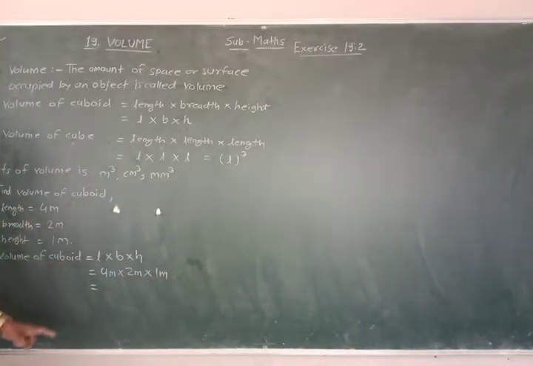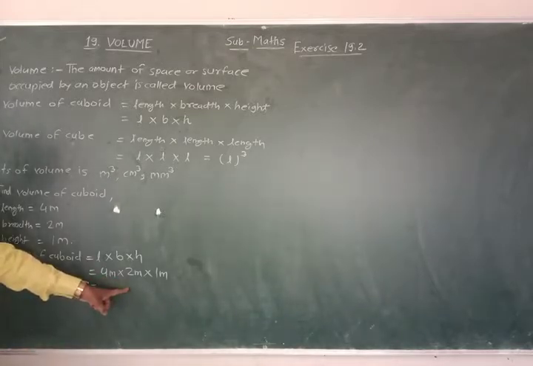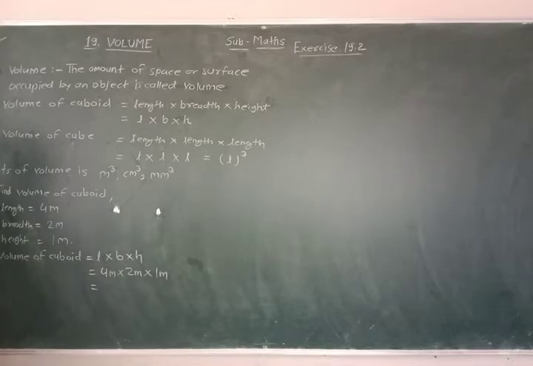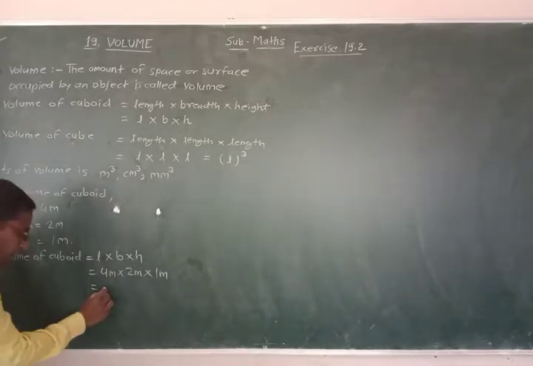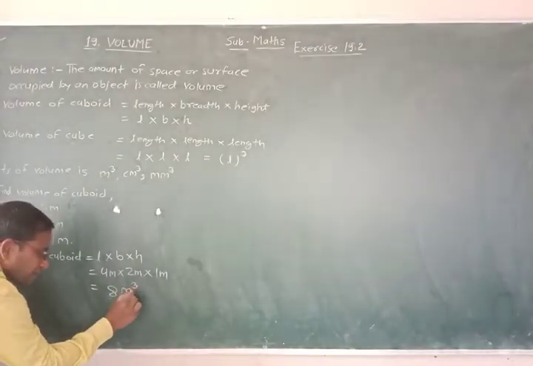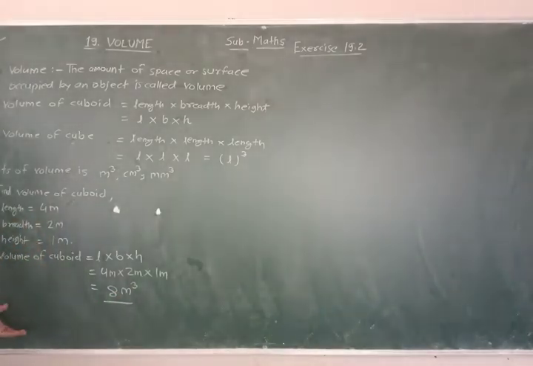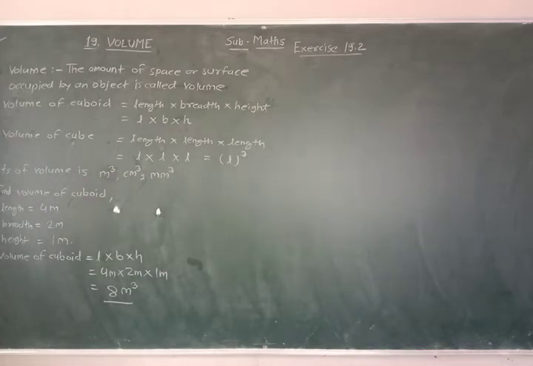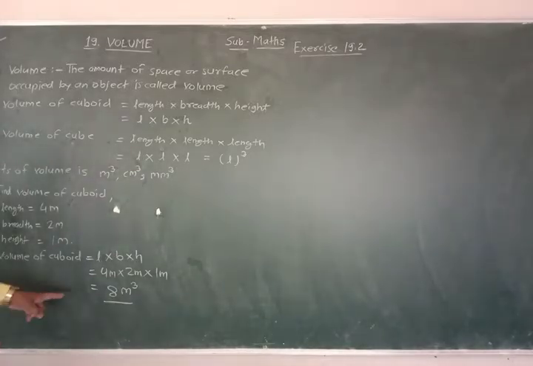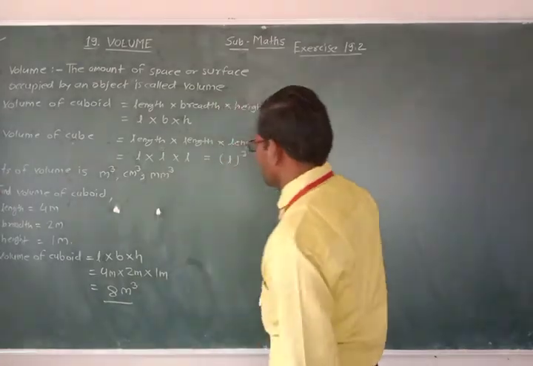Then you do the multiplication: 4 times 2 is 8, 8 times 1 is 8. So 8 meter cube. This is the volume of the cuboid.